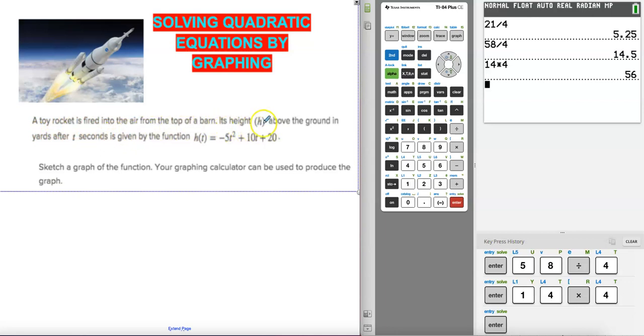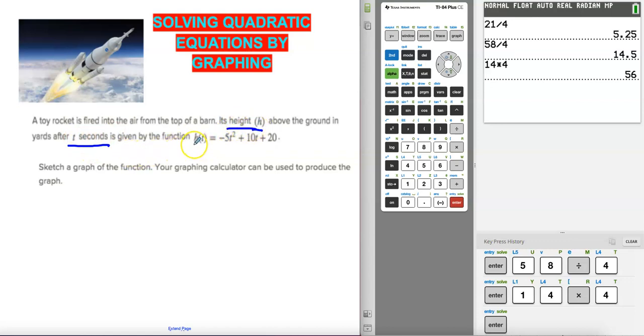Its height, which is represented by h, above the ground in yards after t seconds. I want you guys to know that when we look at the equation, the t is going to represent seconds or time, and the h is going to represent the height.